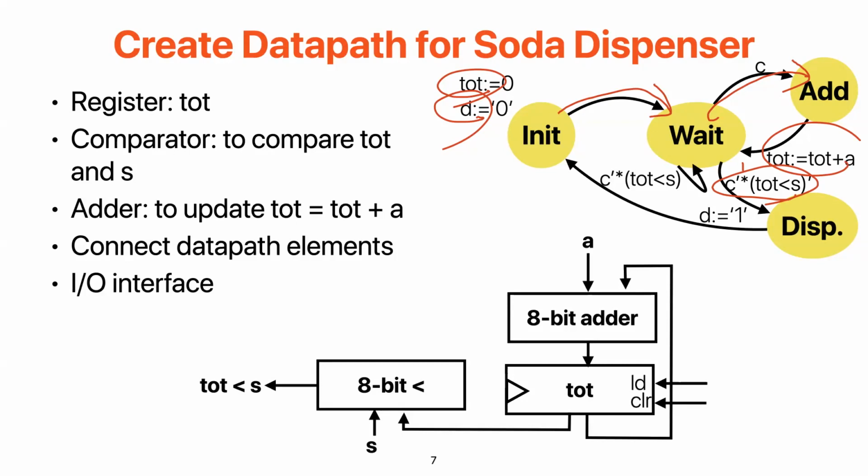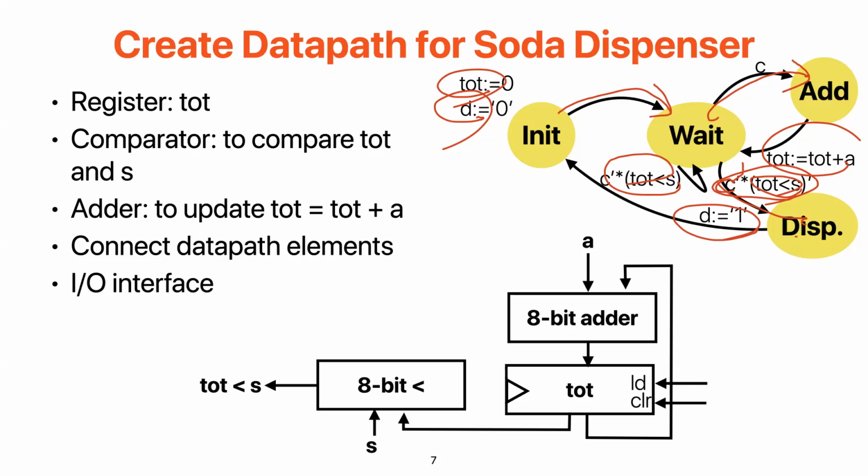If it's equivalent to our total, which means that C and total smaller than S must both be true, then we can dispense the soda, which means we change that to 1. If not, then we keep waiting for the customer to put more money in there. So that's the basic idea of the soda dispenser.